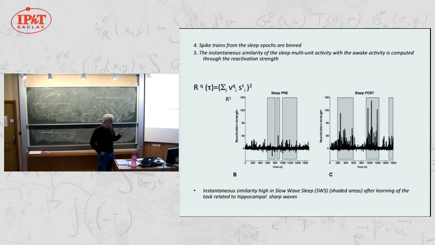But actually that happens, this kind of sharp waves, that's an important thing to understand. This kind of sharp wave also takes place during the awake period, when the task is performed, when the rat is immobile. And I will show you an example of that. In the hippocampus, you can see traces of re-evocation of what the rat has done in the previous trials, in particular for the trials which were successful. So when the rat is planning, actually it's just re-evoking these things and just follows the right path.